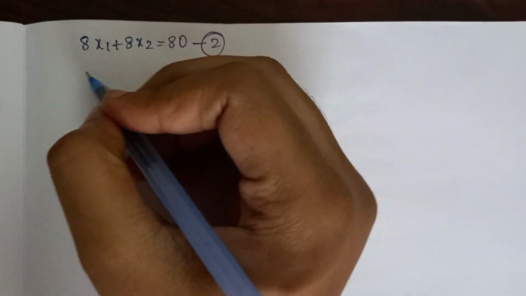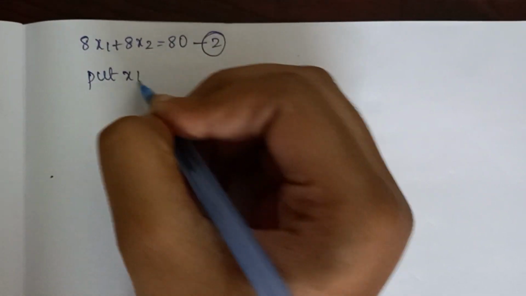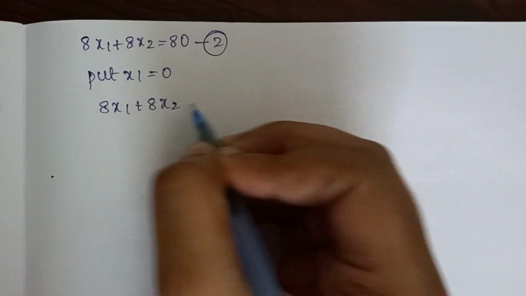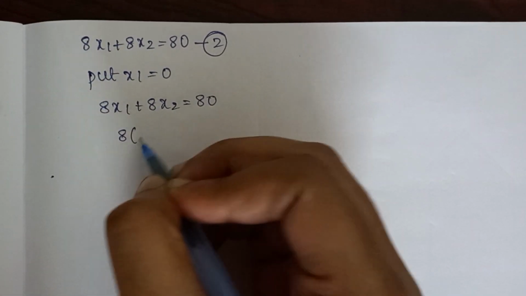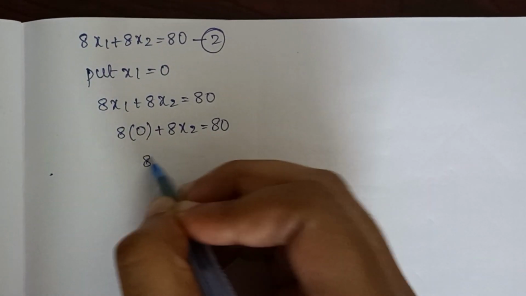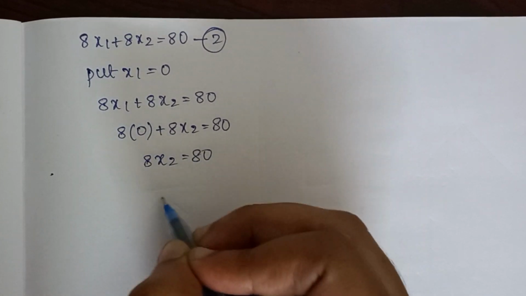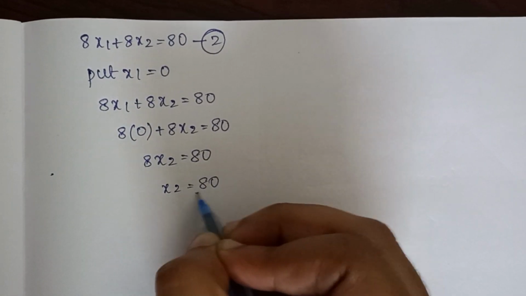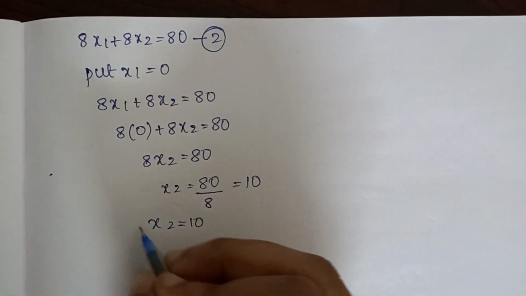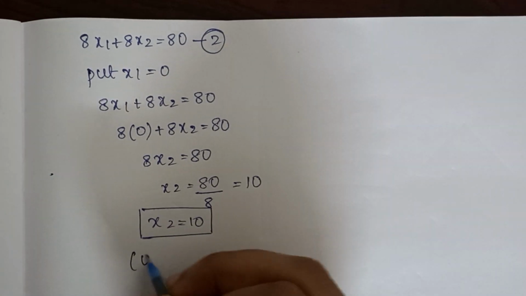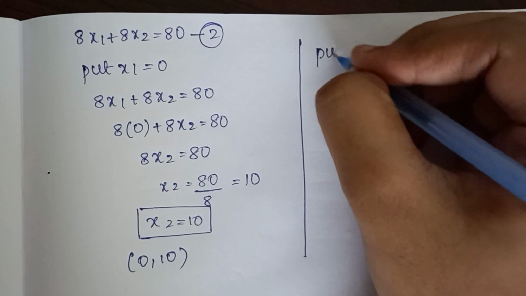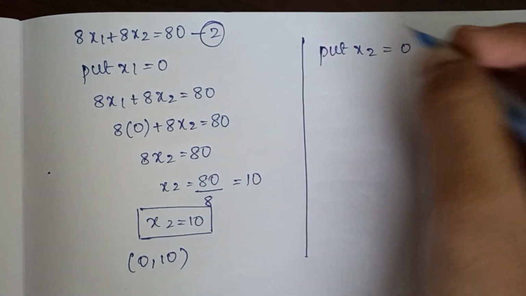Now x1 place lo 0 pedite put x1 is equal to 0, then 8x1 plus 8x2 is equal to 80. 8 into 0 plus 8x2 is equal to 80. 8x2 is equal to 80 and x2 will be 10. So x2 ఎంత వచ్చింది? 10 వచ్చింది. అంటే my point will be 0,10. ఇప్పుడు x2 ప్లేస్లో 0 పెడితే ఏమొస్తుంది? x2 is equal to 0.